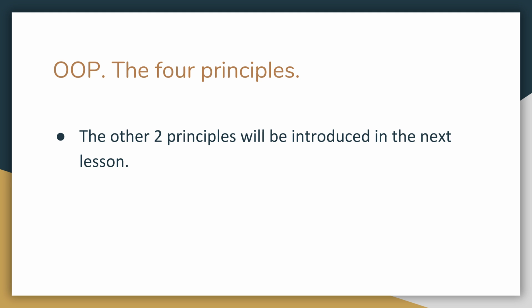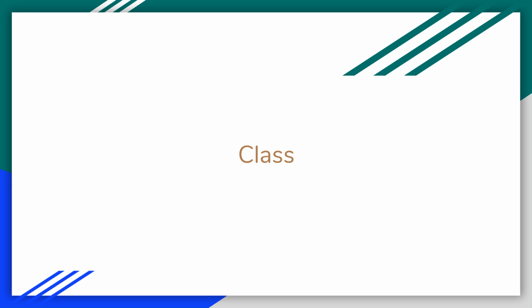So either of those. So that's polymorphism, and you can call and store and work with different classes as if they're one, as long as they are related through either an interface or inheritance. So those are the principles, and the other two will be covered in the next lesson.